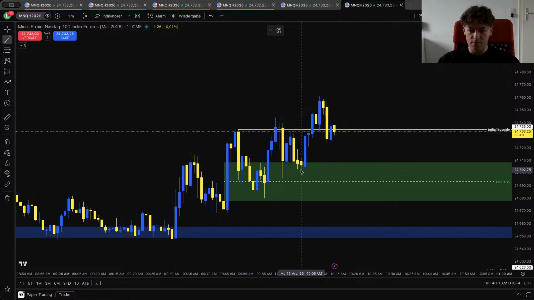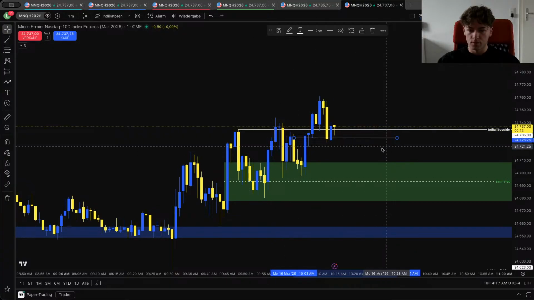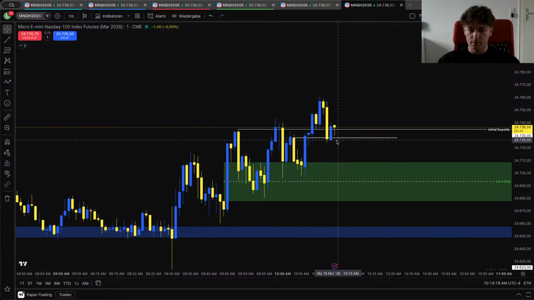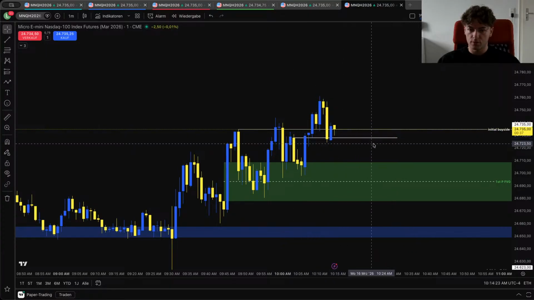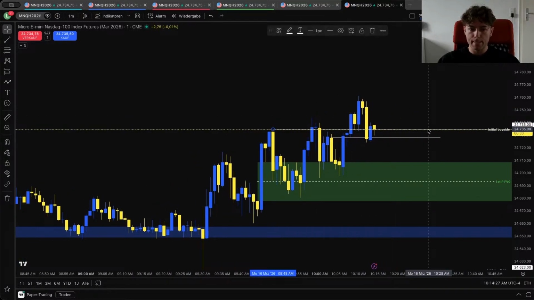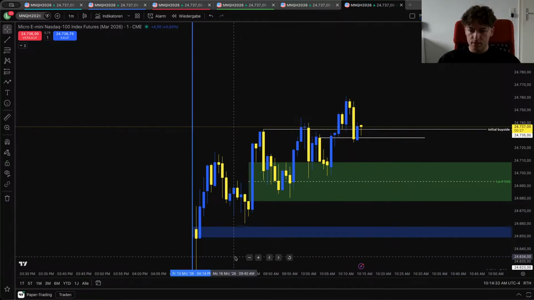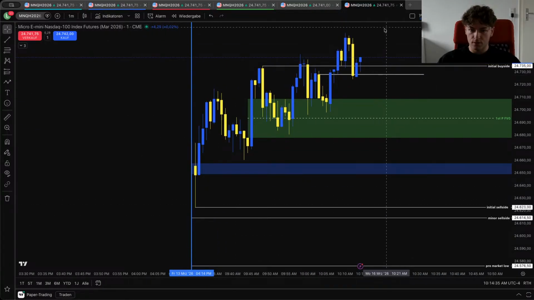So this becomes another auto block inside of an auto block. So this is a propulsion block. And as you can see, price for now is respecting the open of this auto block. So yeah, let's see. Opening range gap still not traded to.